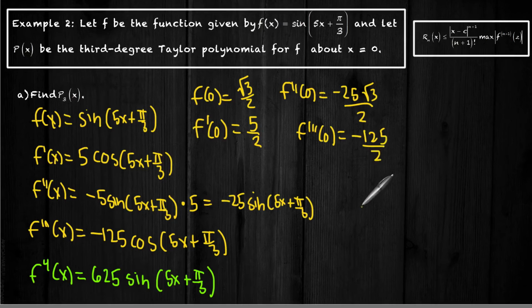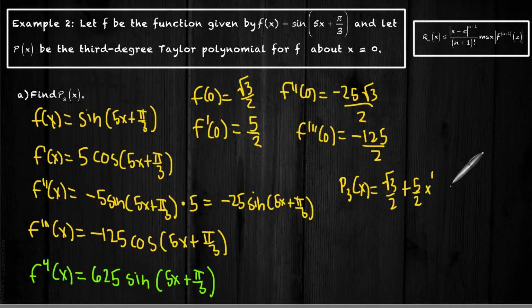And now that we have all of these coefficients, we can plug them into our Taylor series. So we'll say our P of 3 of x is going to be equal to f of 0, which is root 3 over 2, plus f prime of 0, which is 5 halves, and that's going to be times x to the first.